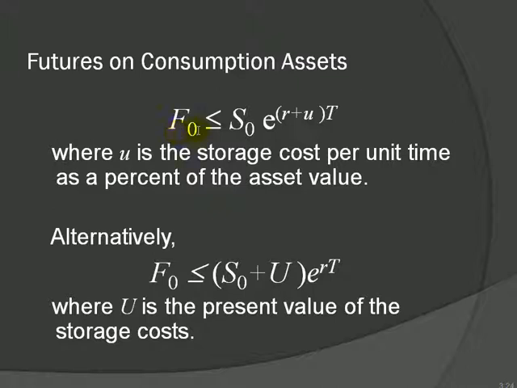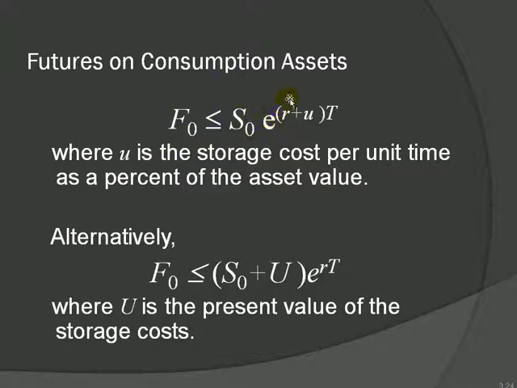So people don't want to buy the futures contract and simultaneously short sell the spot contract. Since people don't want to do that, this inequality won't disappear. It's going to stay as it is.